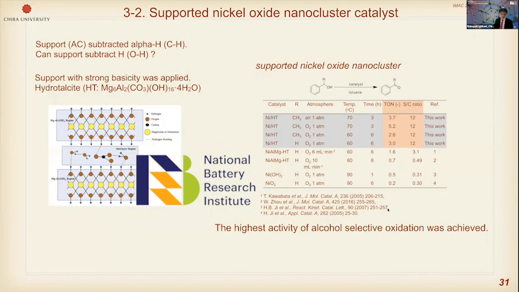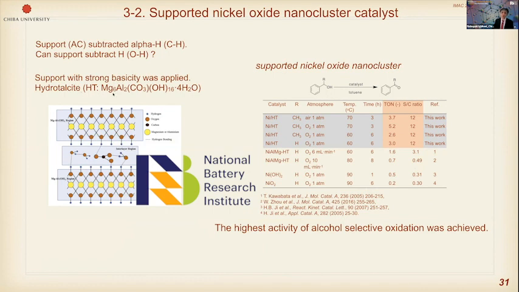Okay, it's time. In this case, the support, activated carbon, subtracted the alpha hydrogen. And the second question: can the support subtract the hydroxyl oxygen directly? So we applied a support with strong basicity. We introduced hydrotalcite.